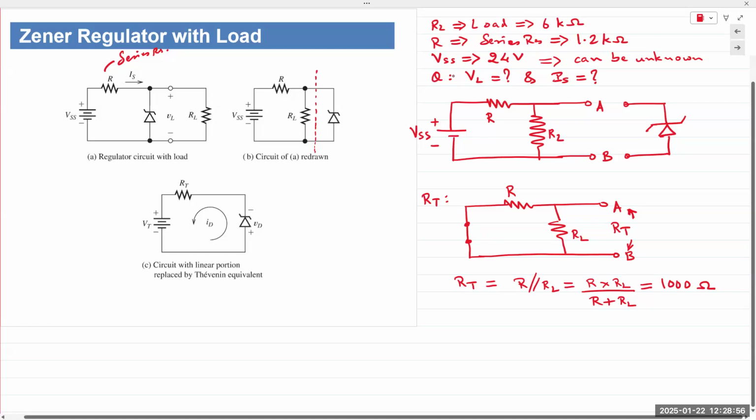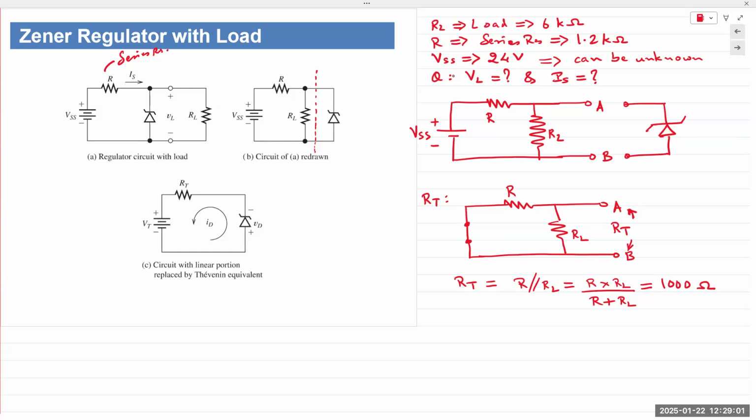A different kind of design problem would ask, what is the range of RL that can be applied to this circuit? Because as you can see here, RT would change depending on the value of the series resistor R as well as RL. So in a design problem, you could change the values of R, you could change the values of RL. Let's say RL is given, and the question might be, what is the minimum and maximum value of R that can be used in that circuit?